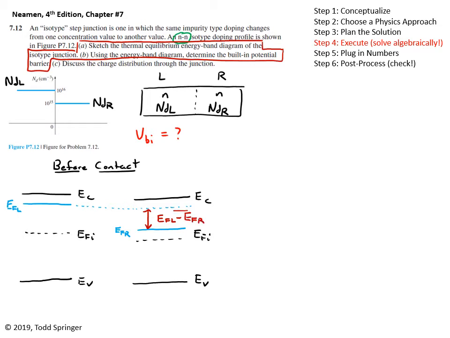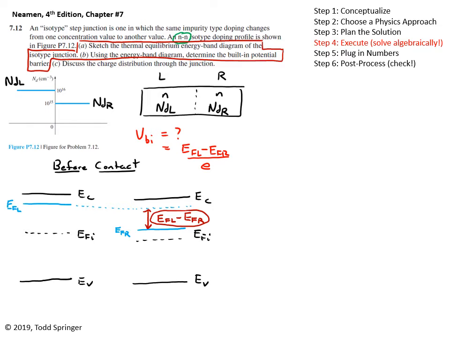This is the size of the shift needed to make those two Fermi energies line up. And that is exactly going to be my built-in potential, EF left minus EF right. There's a factor of e that relates those two, just because one of them is electric potential, one of them is energy. Okay, so that's before contact.